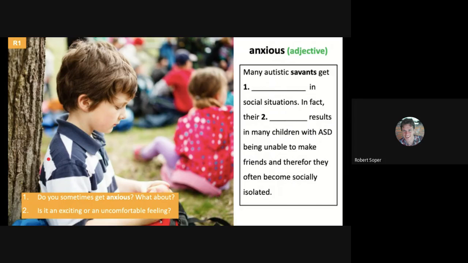Being anxious is usually considered an uncomfortable feeling, but sometimes it can be exciting. And this is why when we describe the definition of anxious, we don't just say being nervous. We say being nervous or eager. That eagerness sometimes creates excitement. And that's why being anxious can sometimes be positive.